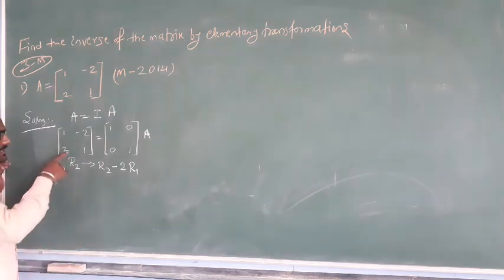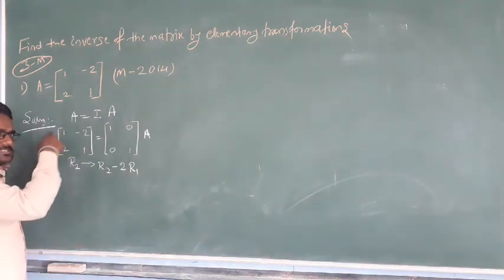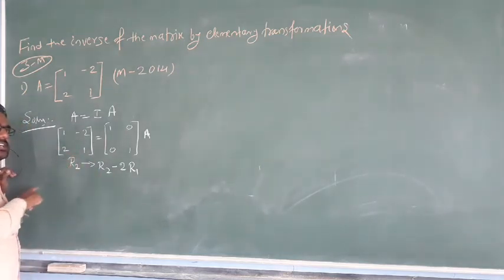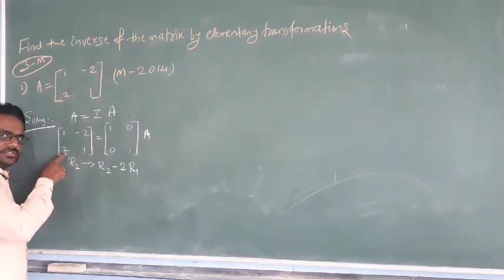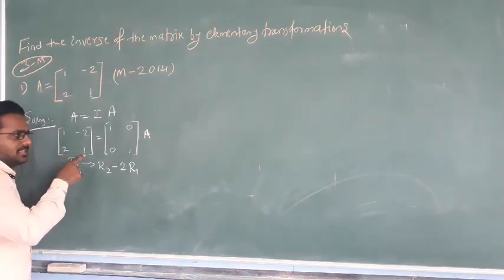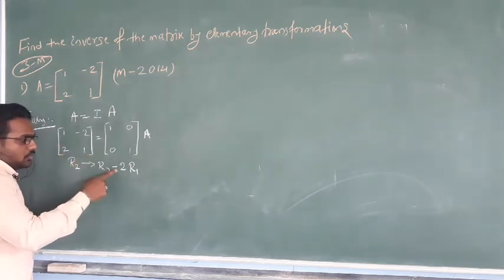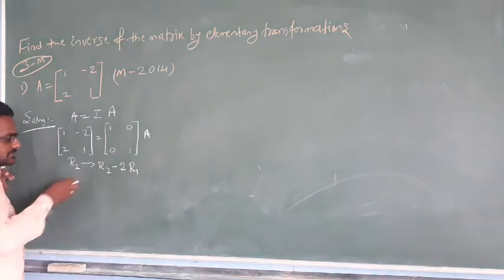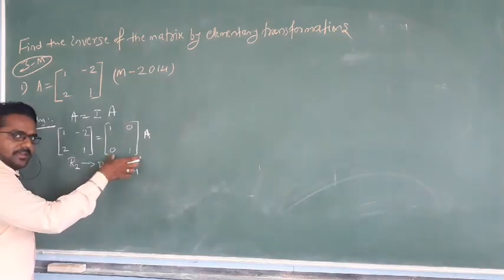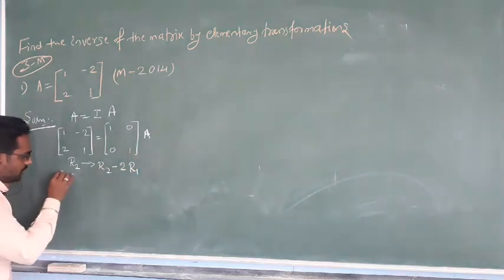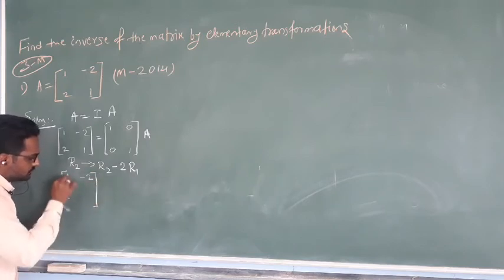What is this, students? You have to convert this LHS part A into the identity matrix. So first I will convert the second row elements. It should be 0 here and 1 here. So R2 changes to R2 minus 2 R1. The same operation should be applied on the RHS matrix also. R1 does not change: 1 minus 2.